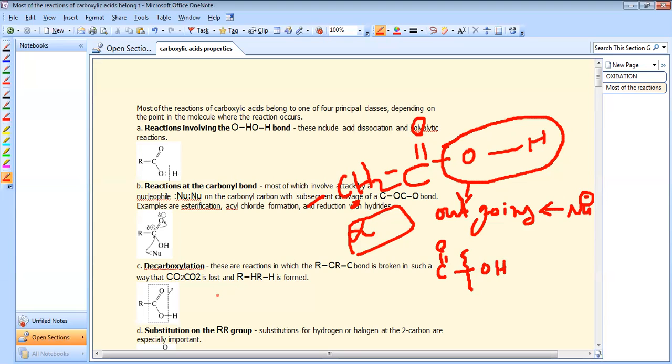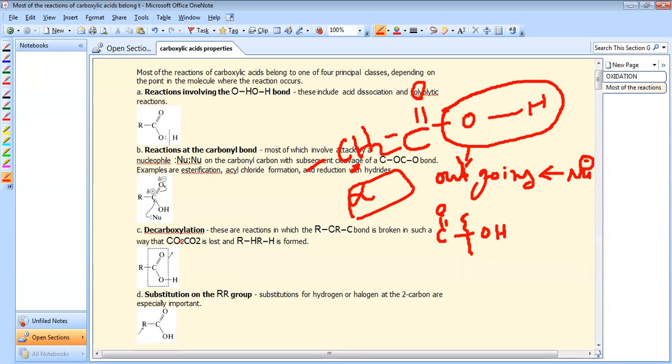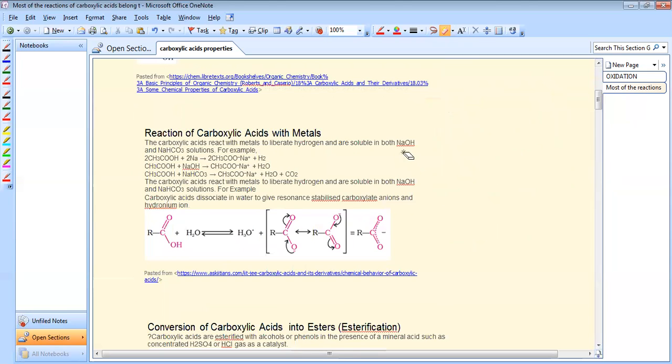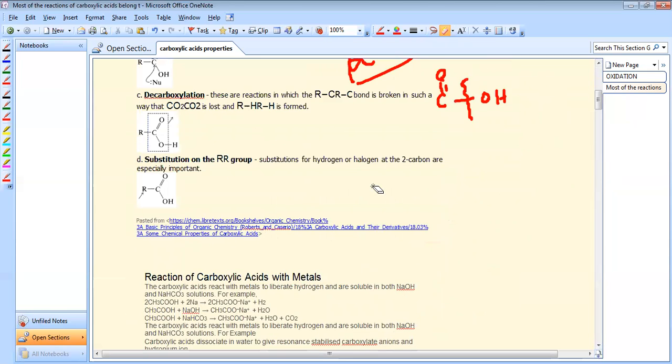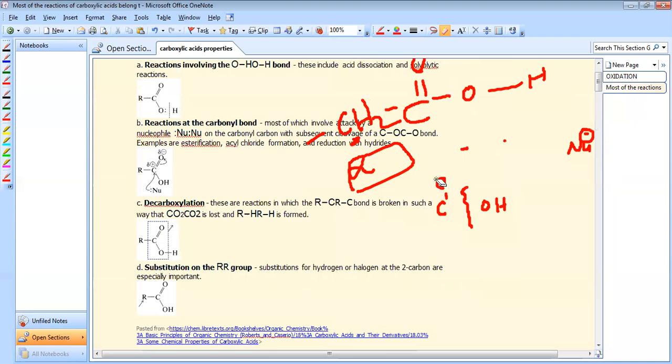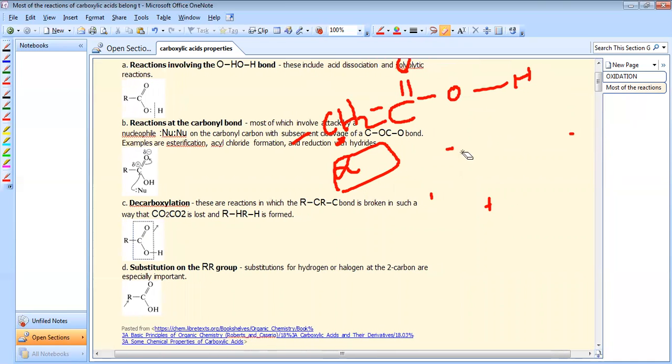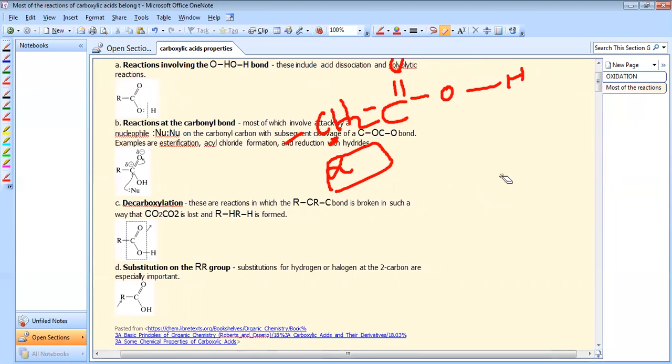And the third kind of reactions are decarboxylation. What is decarboxylation? Decarboxylation means removal of carbon dioxide. So see, I am writing here, R C double bond OH.